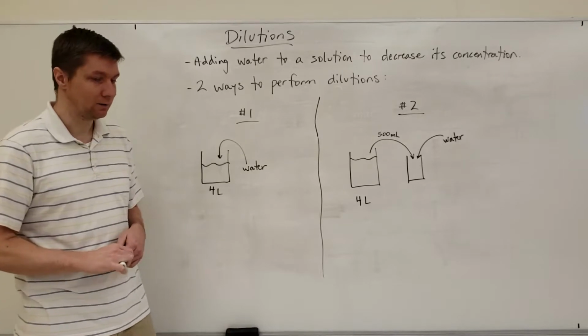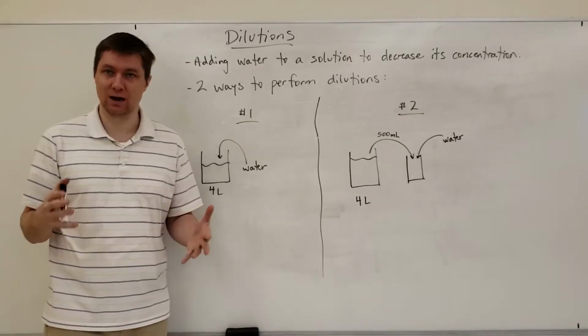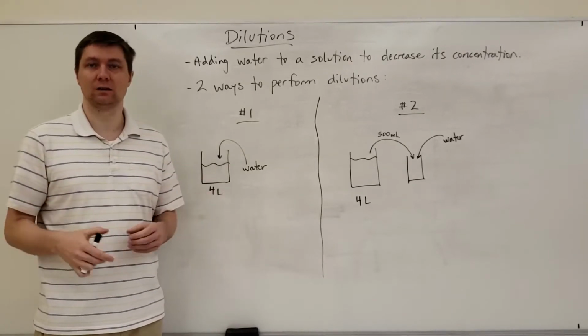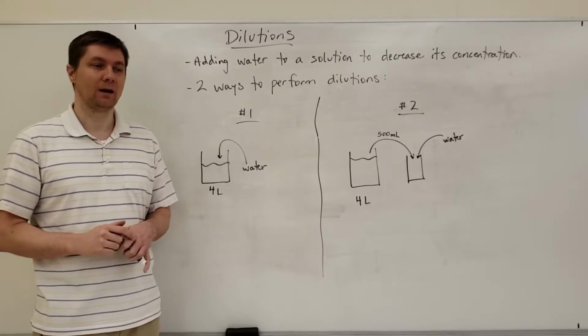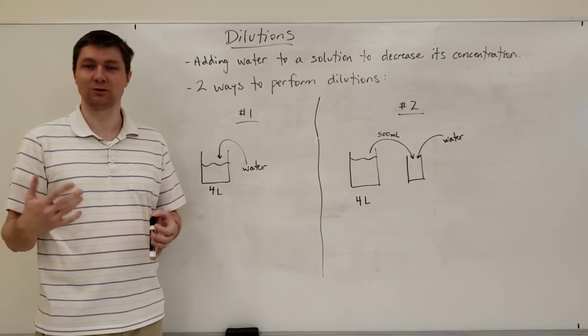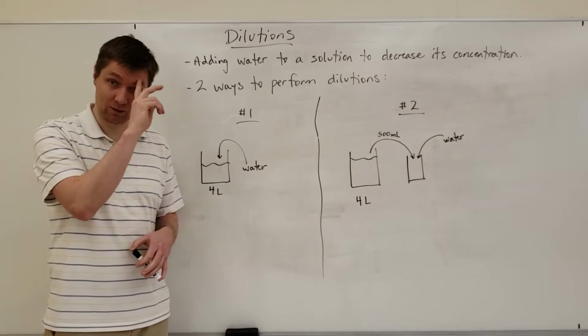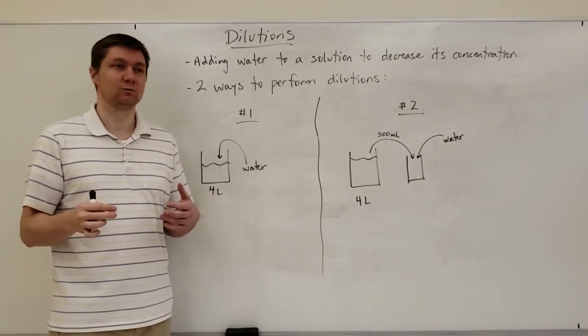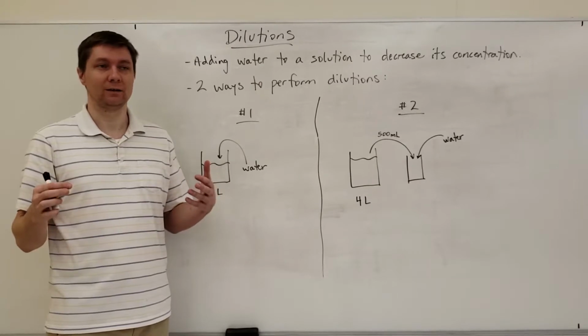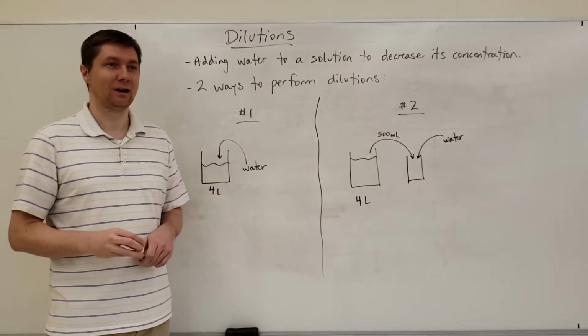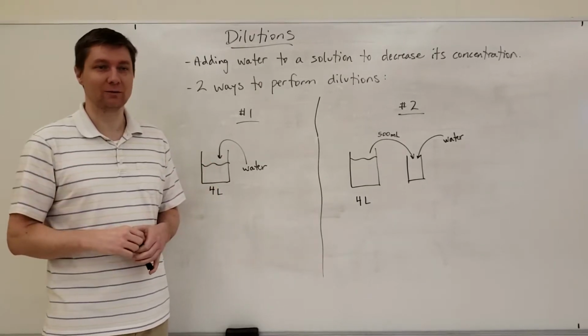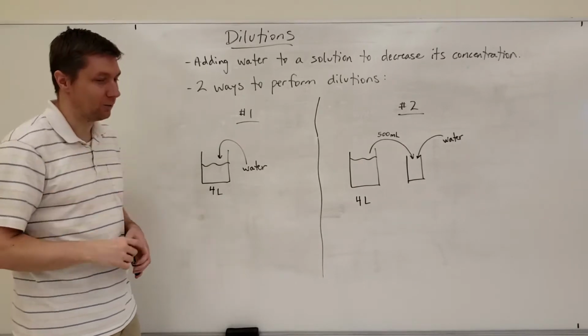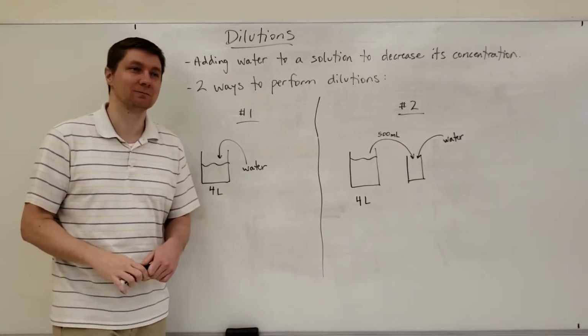But the analogy that I always like to use to describe these two different ways that dilutions can be performed is just a little bit of a personal experience. So I used to grow up on a farm, and on the farm, my grandpa Orr was really good at making orange juice. He loved to have orange juice at family gatherings, and he was the guy that was always in charge of it.